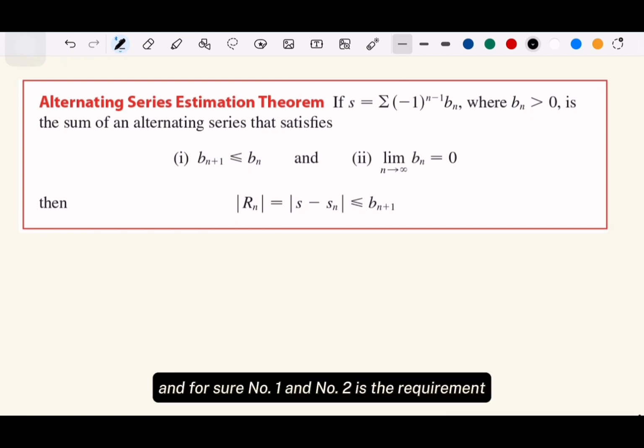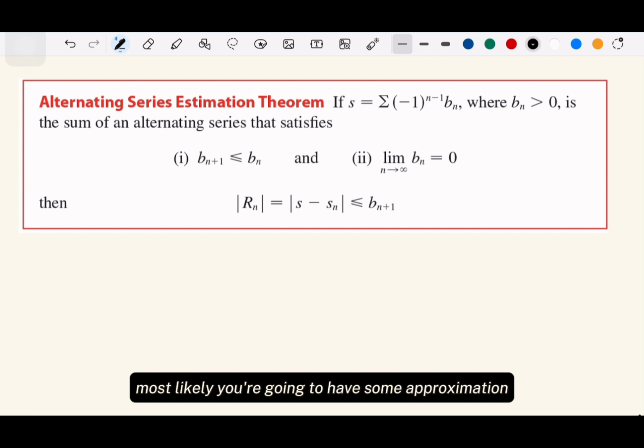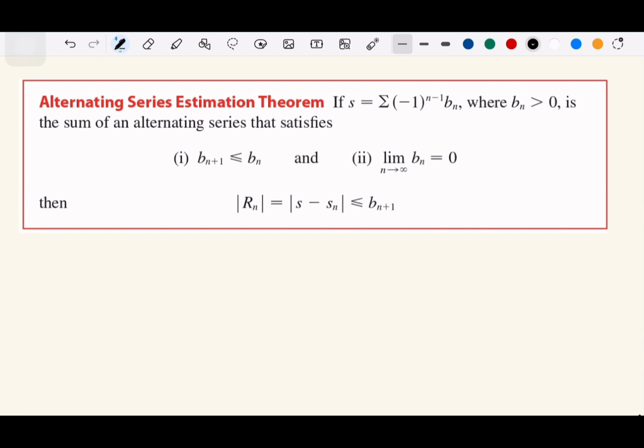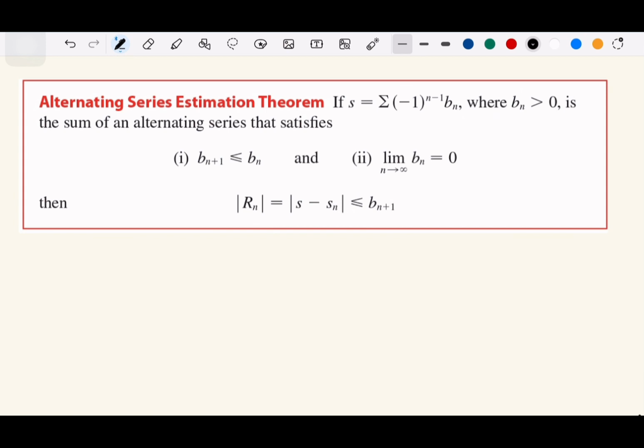And then for sure, number 1 and number 2 are the requirements for an alternating series. And then we can have the remainder. Most likely you are going to have some approximation, and make sure the error is within the range, and so on and so forth. But I think we can skip a little bit, just to get to know what we can do in alternating series.